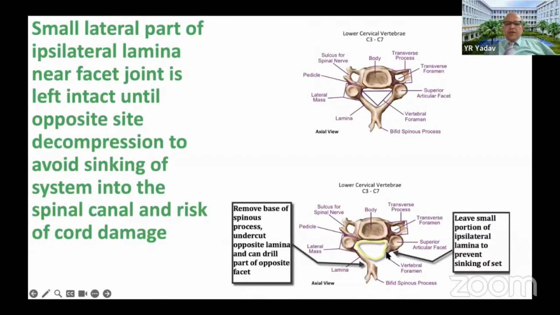So if you keep a little bit of the lateral part of the lamina intact in the beginning, which you should remove last, then even while angulating and undercutting, you will be very comfortable that it will not sink inside onto the cord, especially when you use a small tubular retractor.